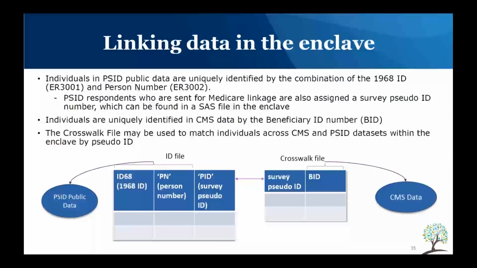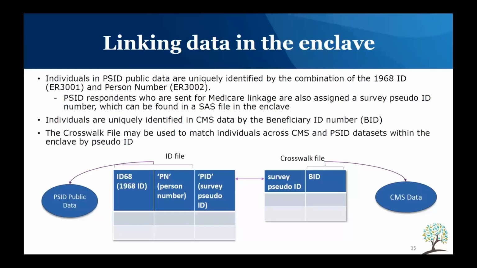So once a user has access to the data in the enclave, the very first thing to do is merge the CMS data to the PSID public use data. And the way to do this is through these unique IDs. So with any PSID public data, the individuals are uniquely identified by the combination of the 1968 ID and the person number. And PSID respondents who have data in the enclave are assigned an additional ID.